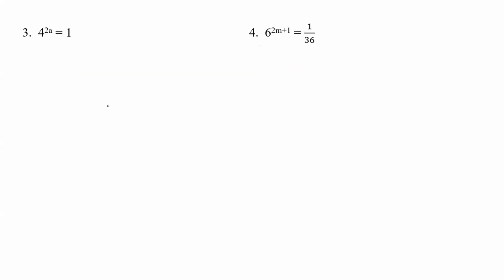All right, what about this one? Well, we have a 4 here and we have a 1 here. Well, what are we going to do? Well, some of our properties we saw before: if we take something, say x, raise it to the power 0, that's 1. So since we have a base here of 4, let's keep that as 4 to the 2a, and write 4 to the 0, because if we replace the x with 4, 4 to the 0 is also 1.